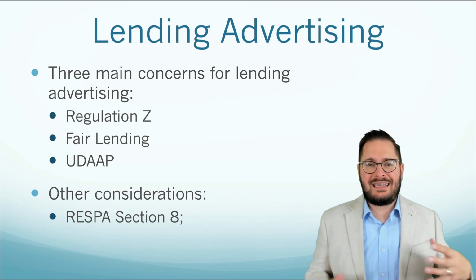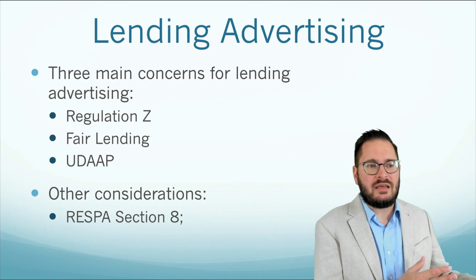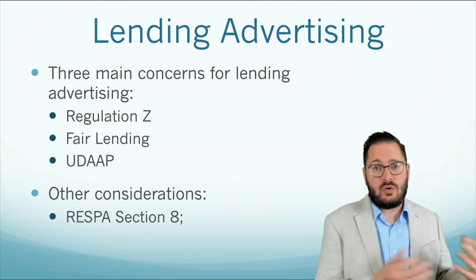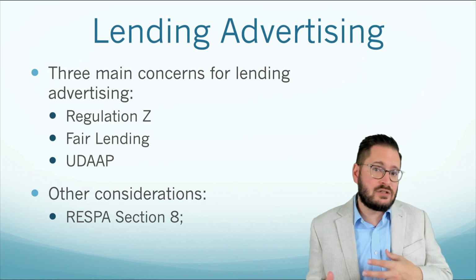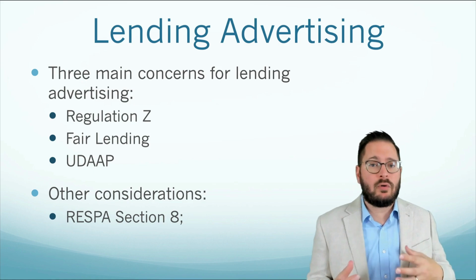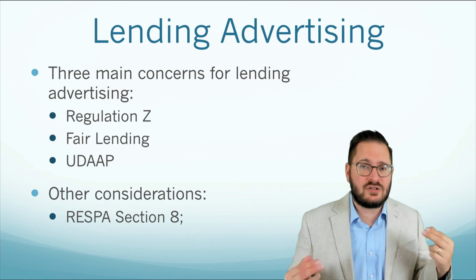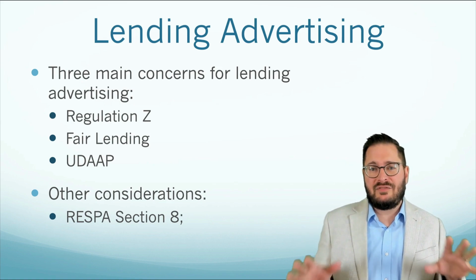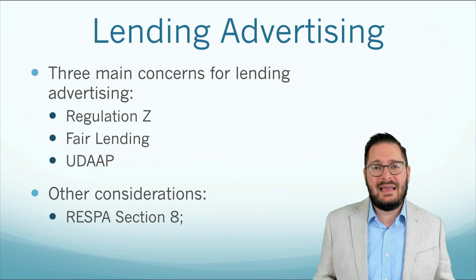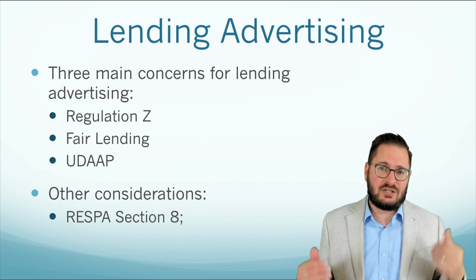This is a key piece when it comes to lenders dealing with real estate agents or title companies or even appraisers. It's very important that only fees are being paid for services that are actually performed, because if there is an unearned fee or a kickback, it could potentially violate RESPA Section 8.